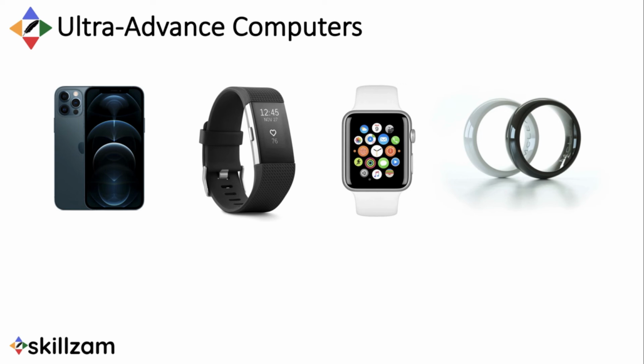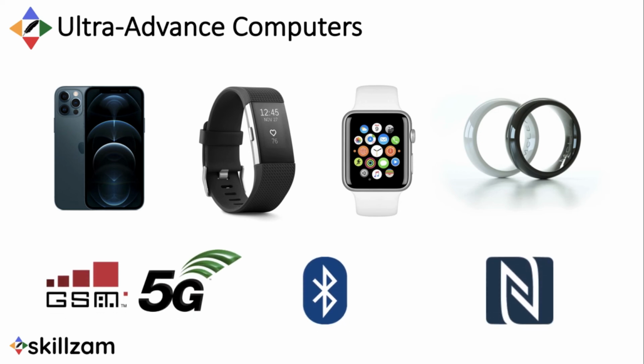For example, early mobile phones utilized GSM, which is Global System for Mobile Communication, a standard developed by the European Telecommunications Standards Institute to describe the protocols for 2G, that is second generation digital cellular networks used by mobile devices such as mobile phones and tablets. It was first deployed in Finland in December 1991. Now we have entered the 5G protocol for the better implementation of IoT, that is Internet of Things.